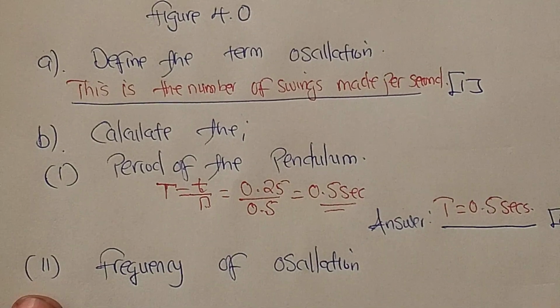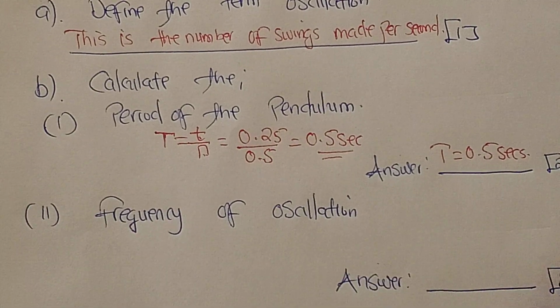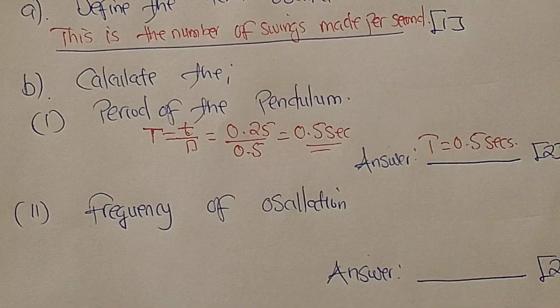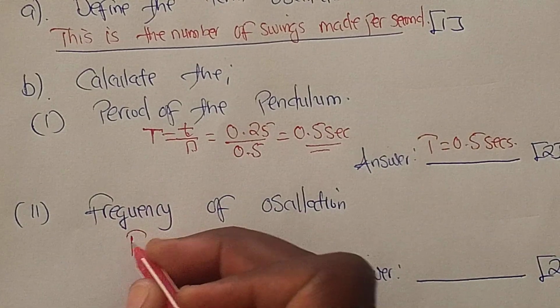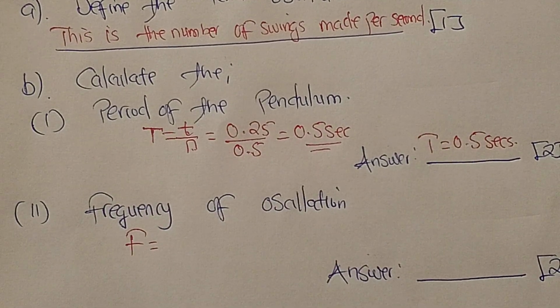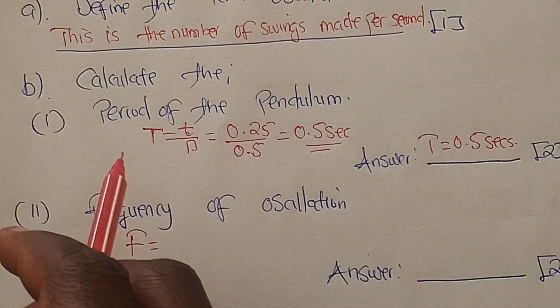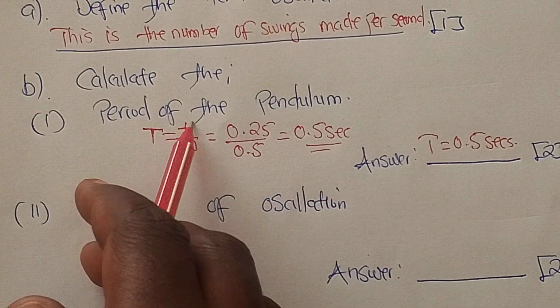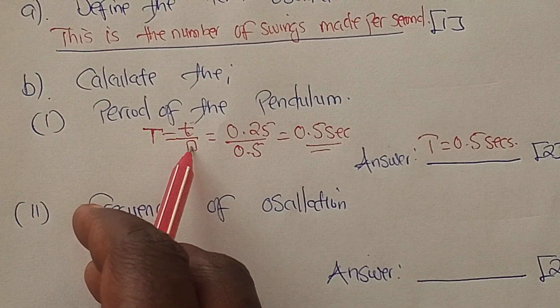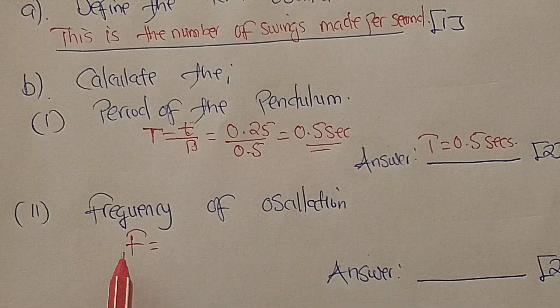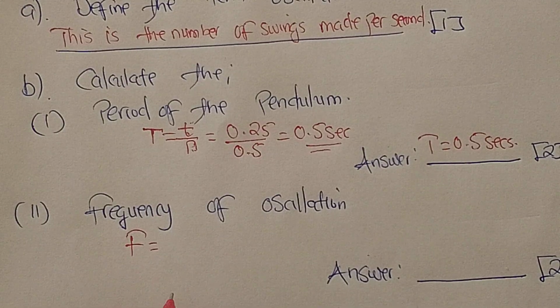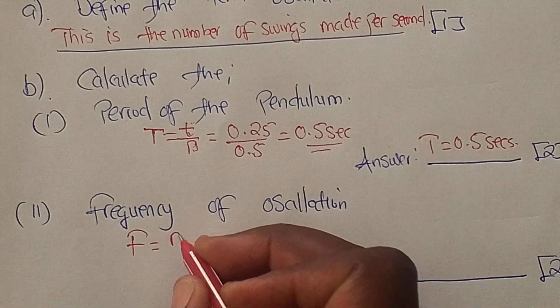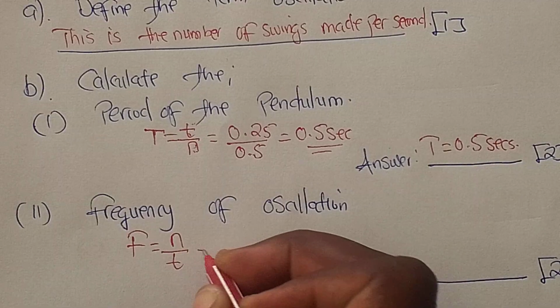Then moving on to the last one, which says calculate the frequency of oscillation. So frequency is just the opposite of the period of the pendulum. Remember I said period of the pendulum is the time taken to make the number of oscillations. So the frequency is the number of oscillations made per second. So we'll switch the formula. Number of oscillations made per second.